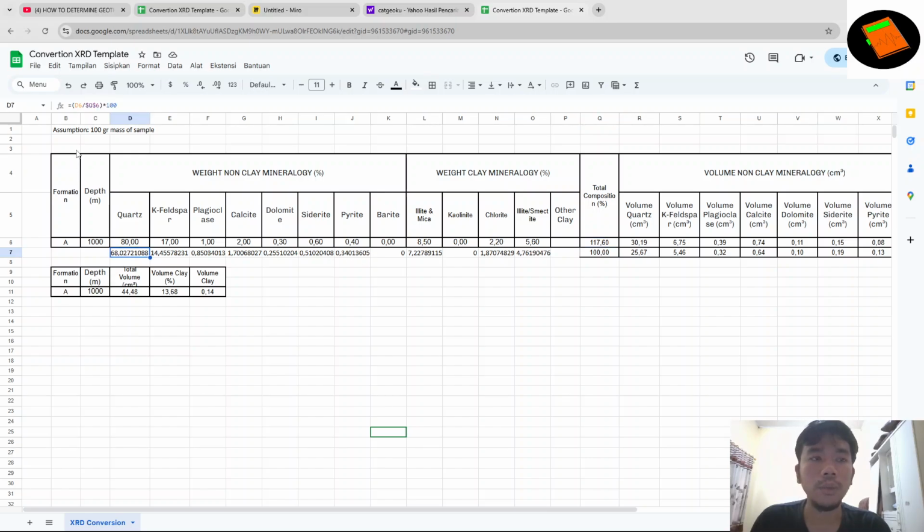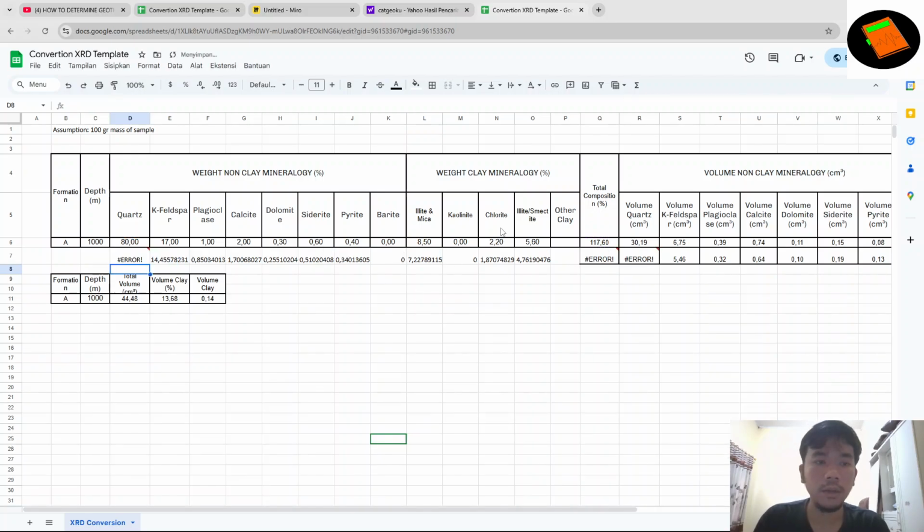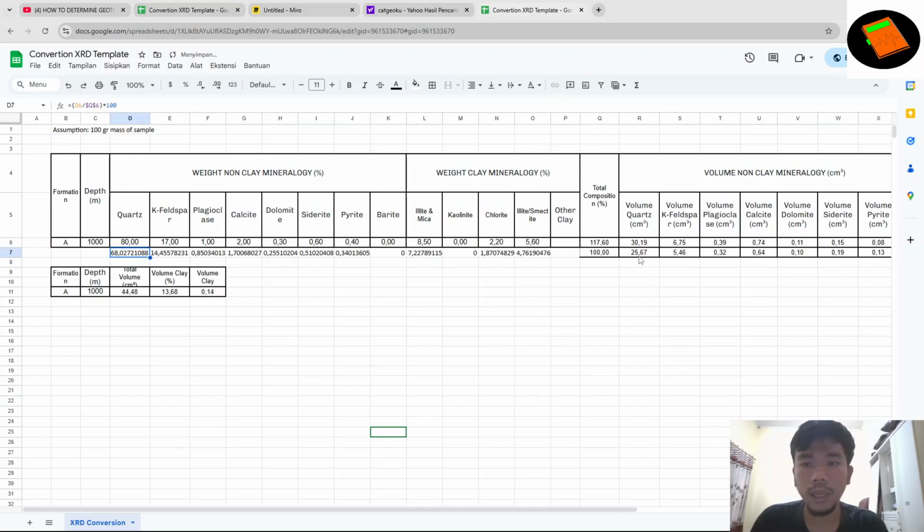The formula we use is to divide the percentage of weight of each mineral by the total composition and then multiply by 100. So at the end we will have 100% total composition.